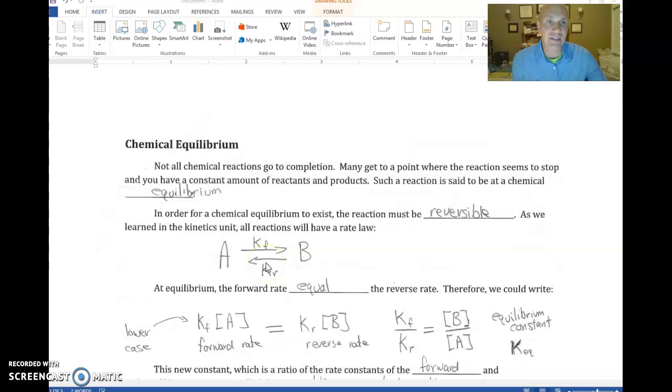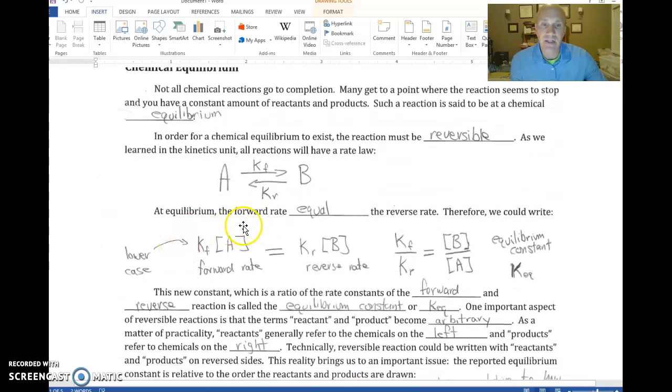One thing that you'll commonly see is that the forward rate constant will be given some number and the reverse rate constant will be given the negative number. For example, this might be K with a 1 subscript, where the reverse would be K with a negative 1 subscript. That's just a common convention used for the rate constants of reversible reactions.